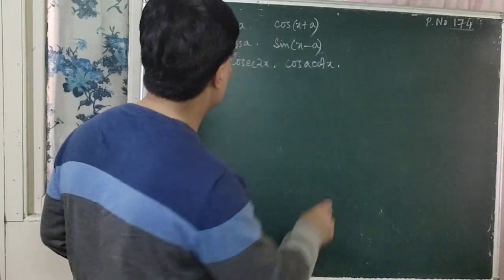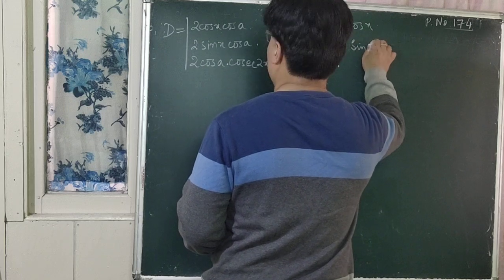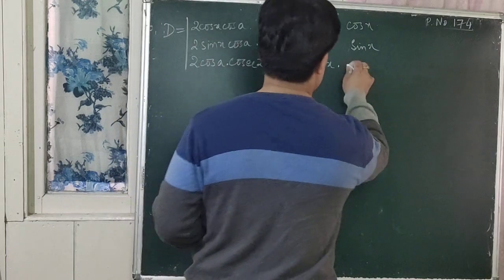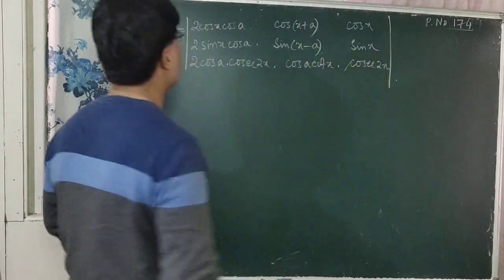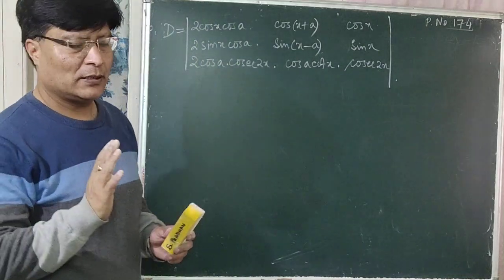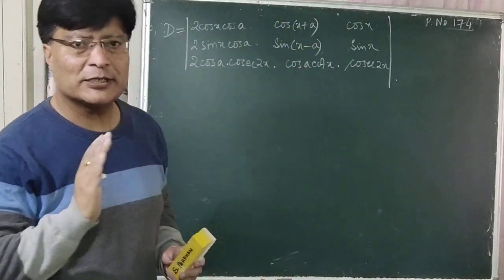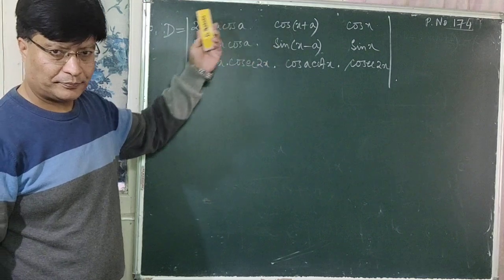And what was the third column? Cos x, sin x, and cosec 2x was there. So now the first column is simplified, which we got by doing c1 plus c2 and simplifying it.